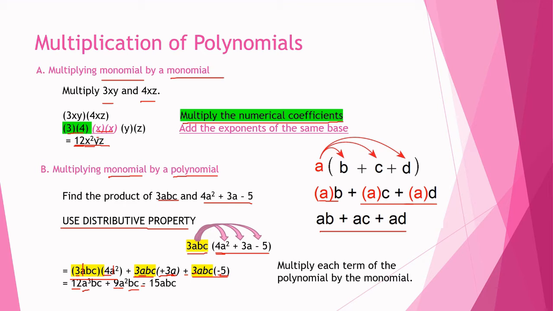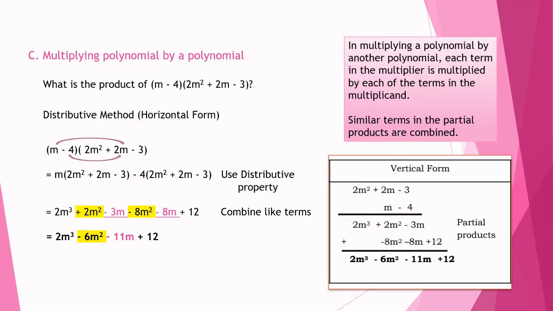Then, bring down a, b, c. So, the answer is 12a cubed bc plus 9a squared bc minus 15abc. Okay? How do you multiply polynomial by another polynomial?